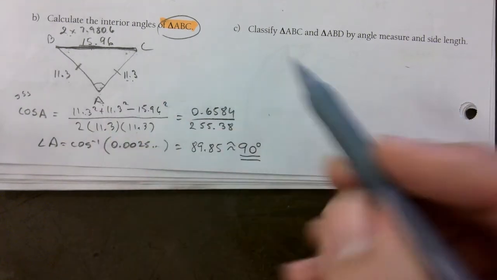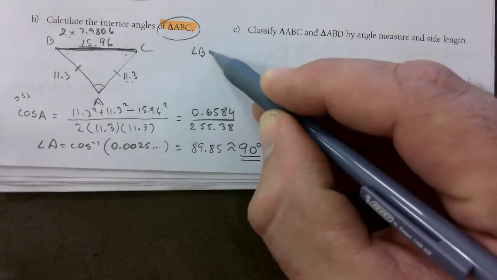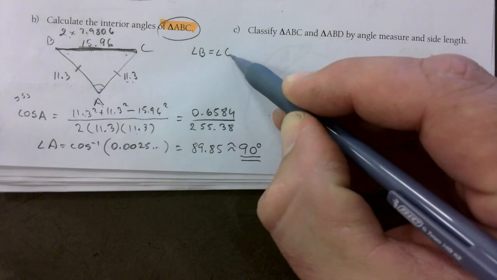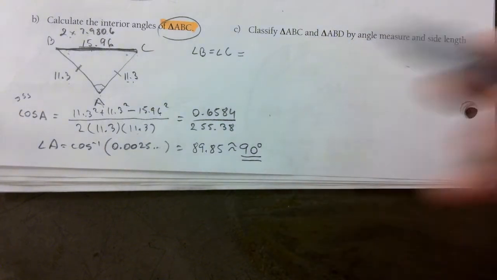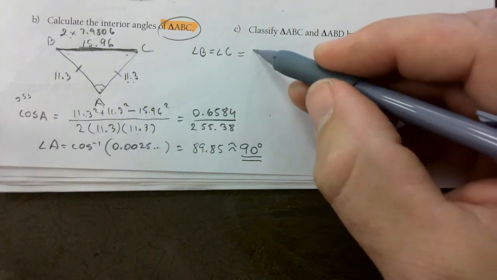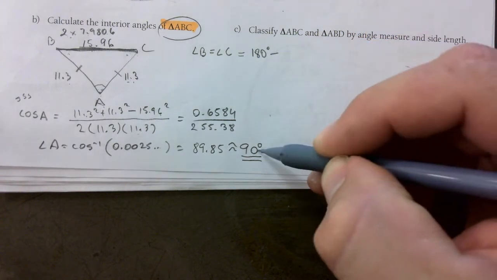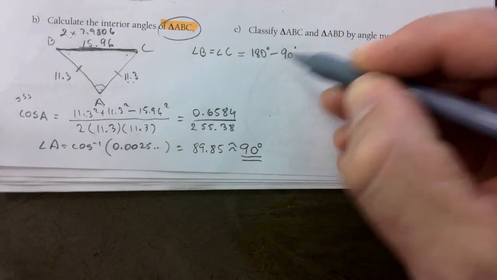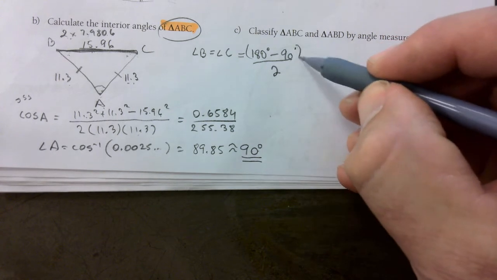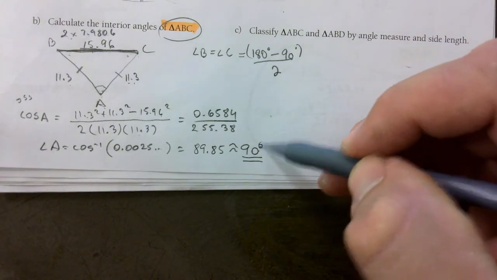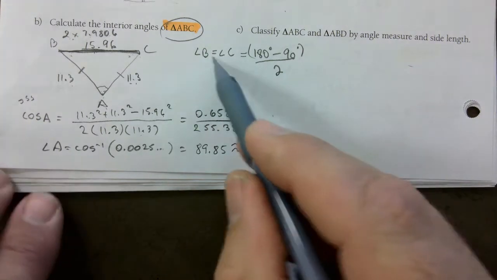B and C are the same, guys. Angle B is the exact same thing as angle C. And the way you're going to find it, just try to think through this, the way I'm doing that. It's 180 minus the one you know, divided by 2. Because you take away the one angle you do know, and you split that difference in half and give it to these 2 angles here.